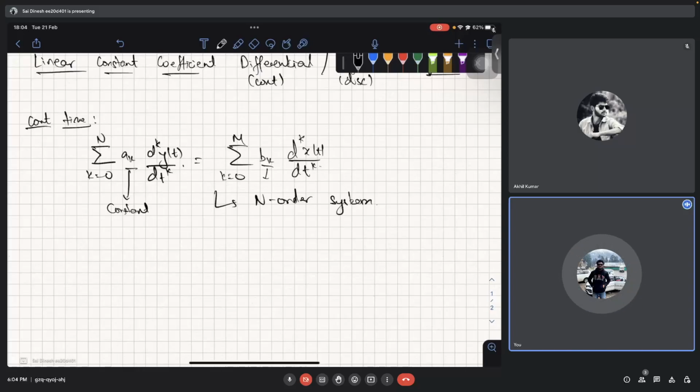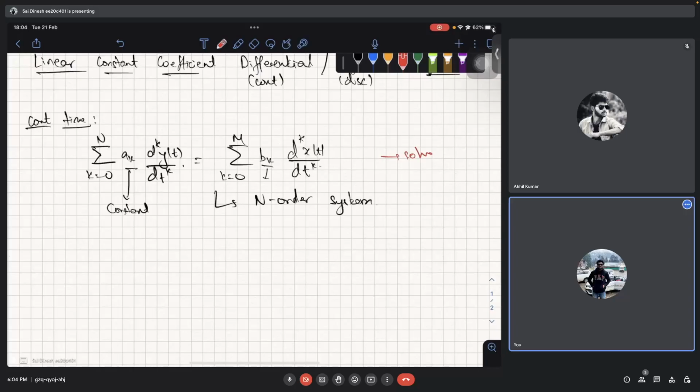They describe an implicit specification of the system, that is, a relationship between input and output rather than an explicit expression for the system. In order to get the explicit expression, we need to solve this differential equation.